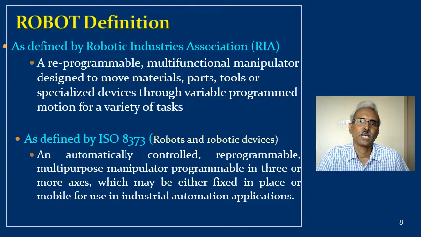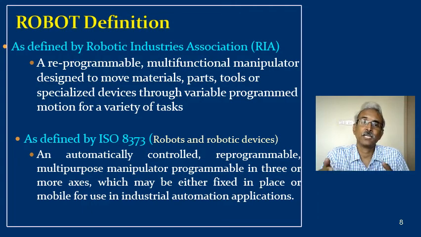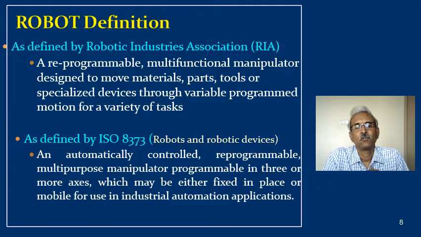automation applications. So normally when you say robot, typically an industrial robot, it is stationed in one place. But later on, when technology evolved, they also came out with a mobile robot for various applications. So that's why this definition added that it could be either fixed in place or mobile for use in industrial automation applications.